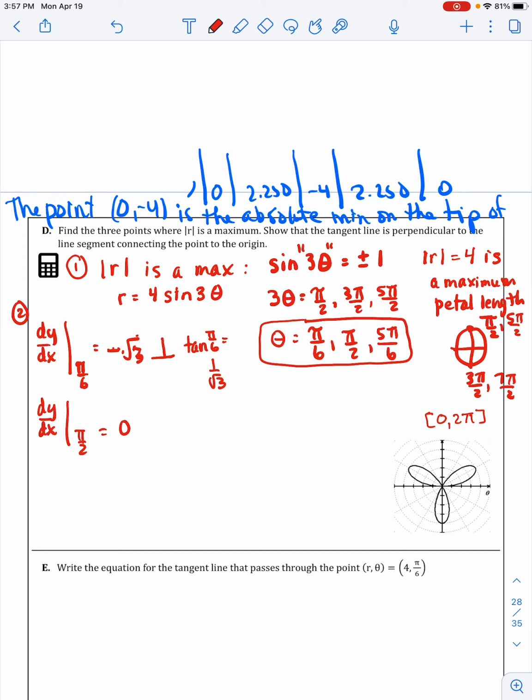And dy dx at pi over 2 is going to be 0, which is perpendicular to the tangent at pi over 2, which does not exist.